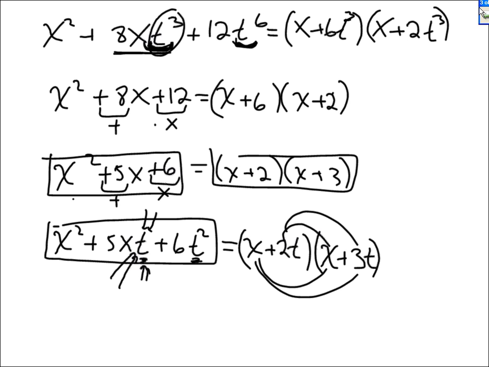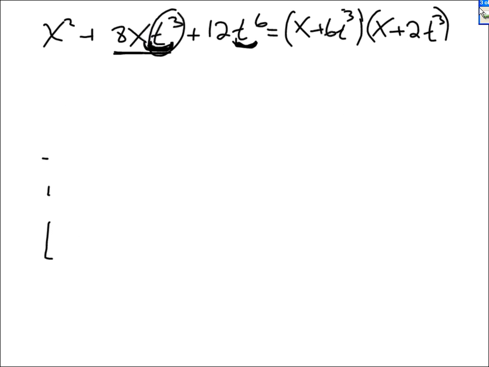So the final answer is x plus 6t cubed times x plus 2t cubed. Remove the t cubed and the t cubed squared, which is t to the 6th, factor what remains, and then put back the t cubes.